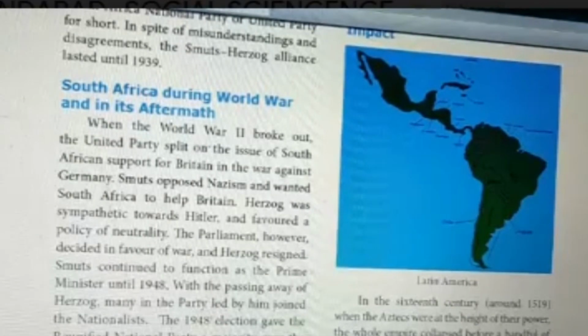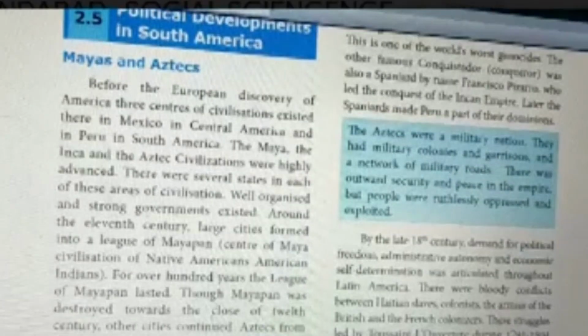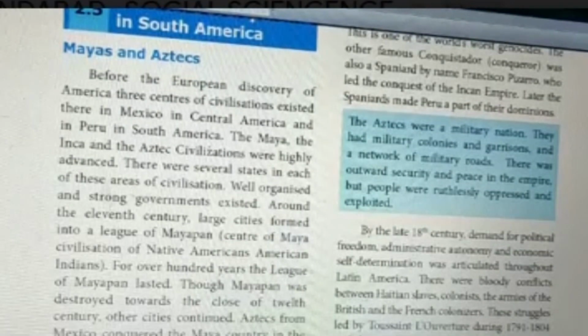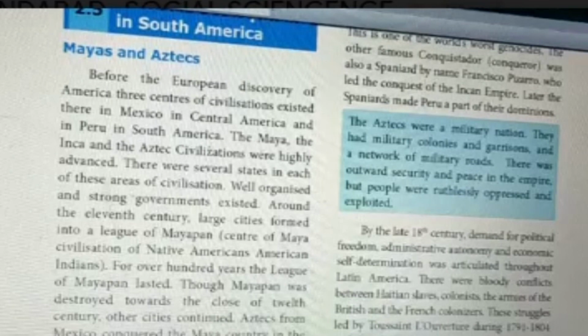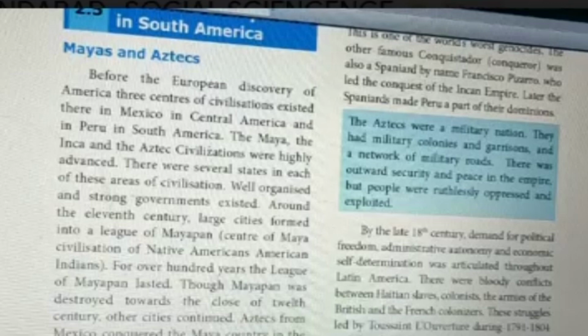And next, European colonization and its imperial impact in the 16th century, when the Aztecs were at the height of their power. During this time, the Aztecs were attacked by adventurers from Spain led by Hernan Cortes, who took over the Aztec civilization.